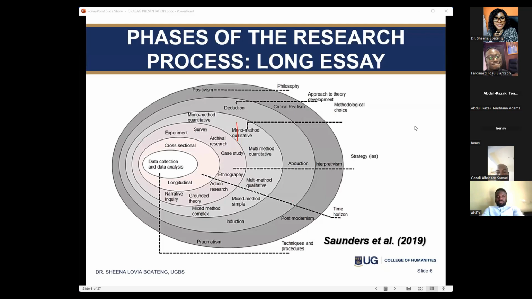Long essays would usually touch briefly on all of the sections and then tell us specifically what they are doing in their research. But the thesis will go into more detail, presenting explanations and justifications for the choices that they are making in terms of methodology.